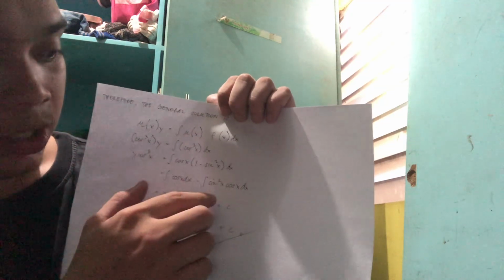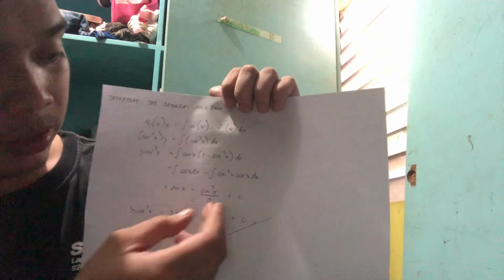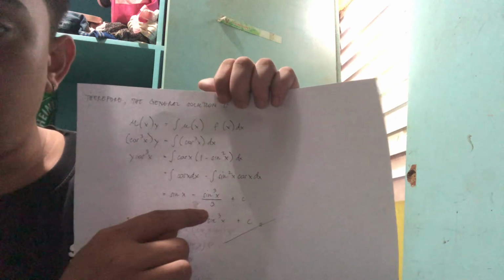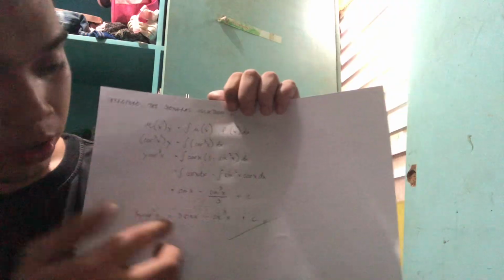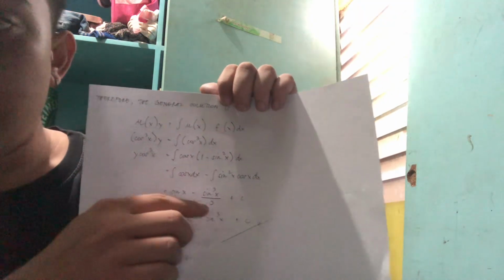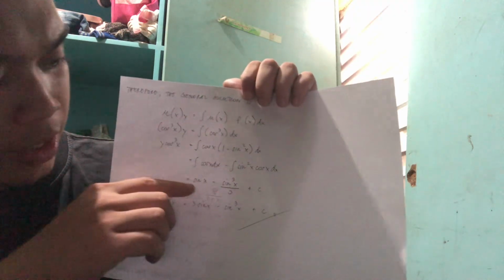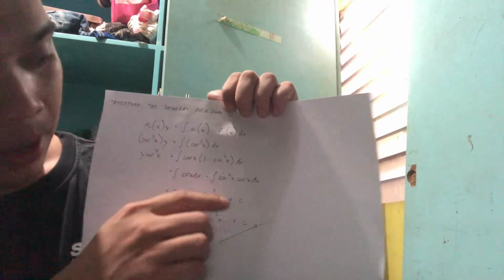So right here we have to use the power formula, so that the number 3 will be the denominator, the final answer. So sine x minus sine cubed x over 3 plus c.